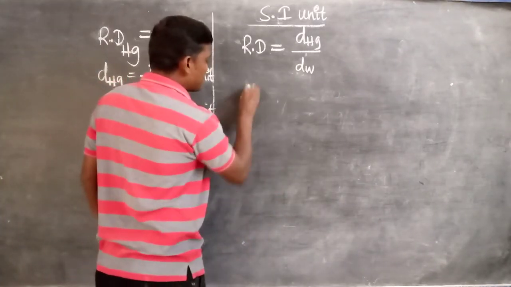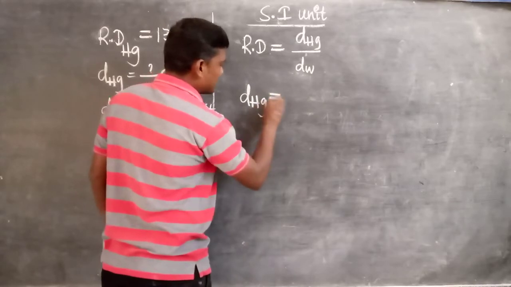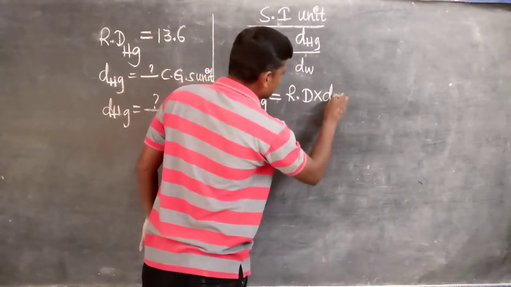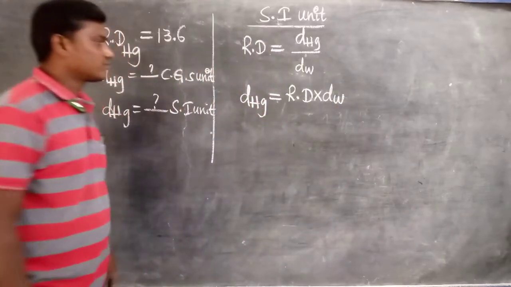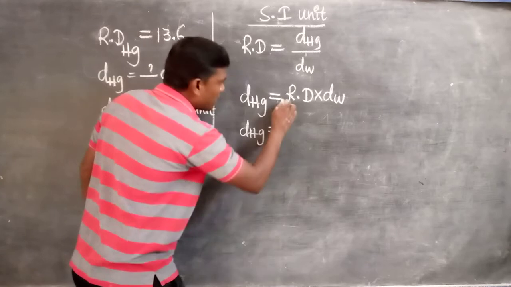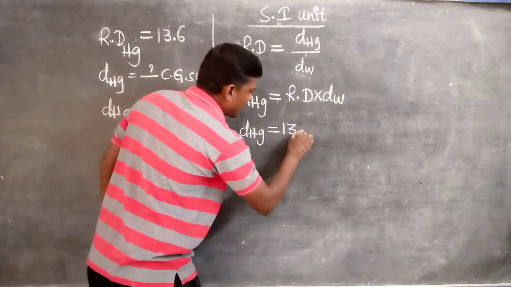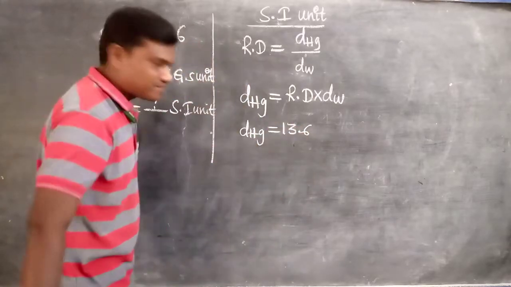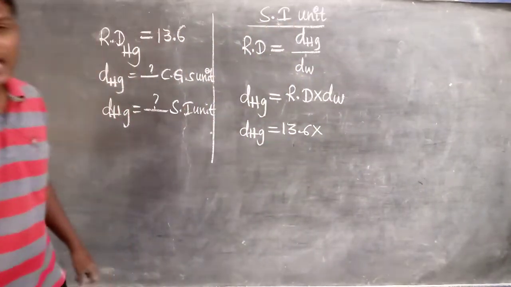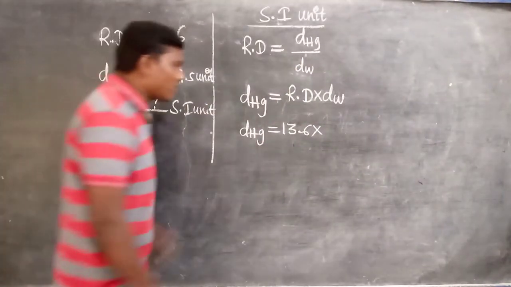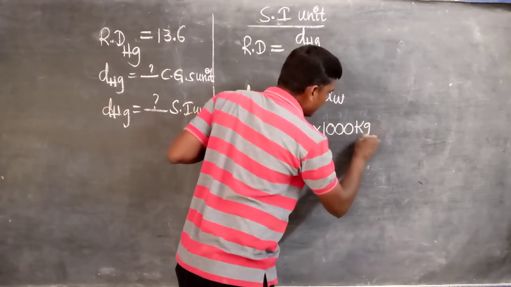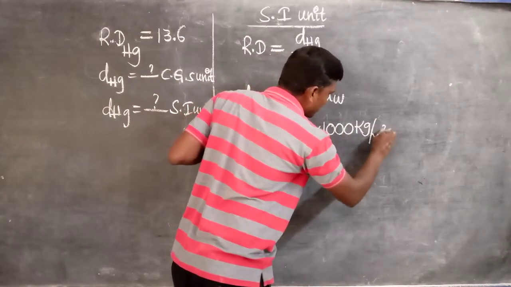Density of mercury is equal to relative density into density of water. So density of mercury is equal to the relative density 13.6, which is given already, into the density of water in the SI system. What is its value? 1000. We know that clearly: 1000 kilogram per meter cube.